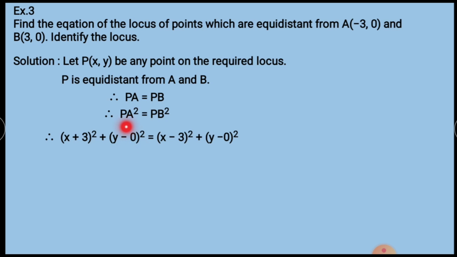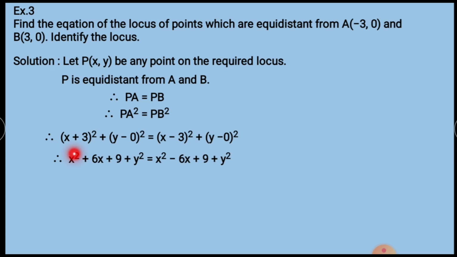Here coordinate of P we consider as (x2, y2) and coordinate of A as (x1, y1). So we write (x2 minus x1) whole square plus (y2 minus y1) whole square, that is x minus, minus minus gets plus, so x plus 3 whole square plus y minus 0 whole square. For the right hand side, we again consider (x2, y2) as (x, y) and (x1, y1) as coordinates of point B. So we write (x minus 3) whole square plus (y minus 0) whole square.